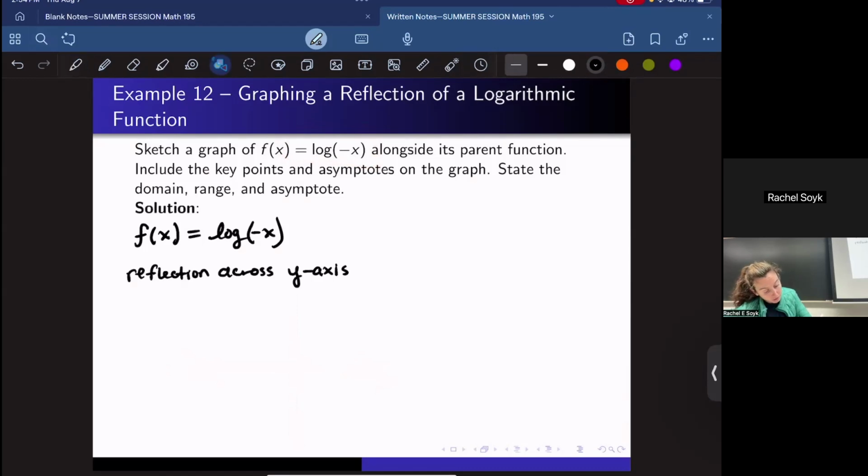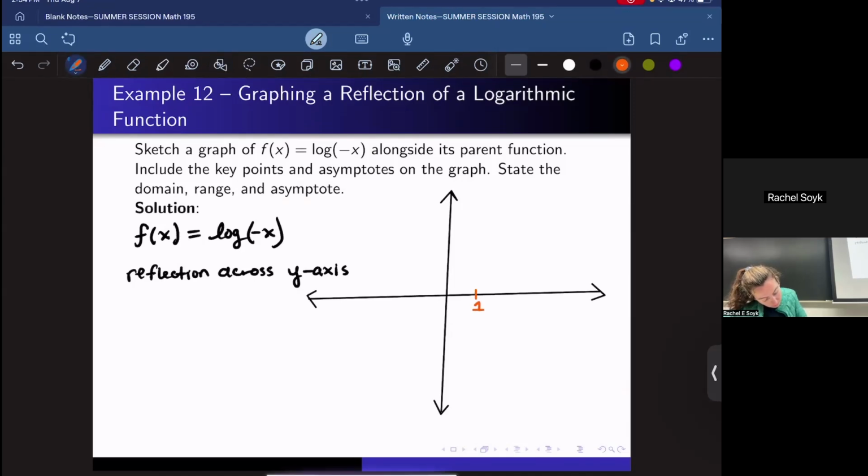And so from a sketch standpoint, we'll sketch out both. This is just log of x.